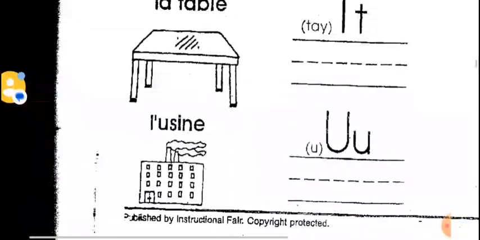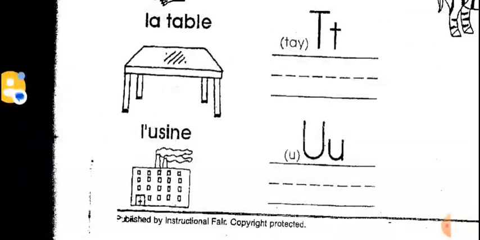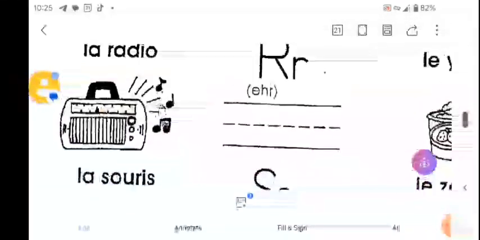Alright, and after la lettre T, we have la lettre U. And for the U again, we have the word l'usine. L'usine. And how do you spell l'usine? It is spelled L apostrophe U-S-I-N-E. L'usine. And we said l'usine is a factory. All right.